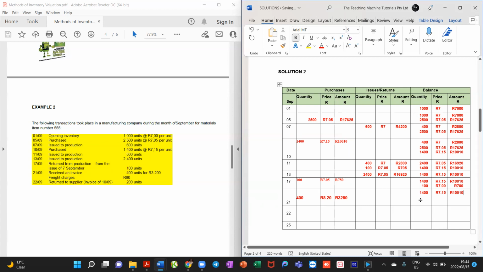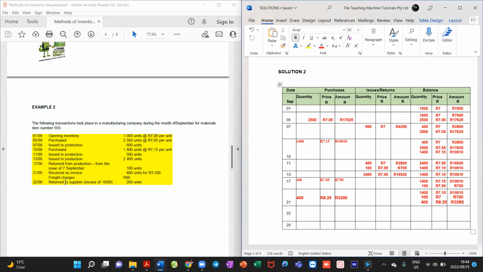And then you have 100 units that were returned by the factory. The price there was 7 rand. And then this is 700. You have a new batch that consists of 400 units. The price per unit is 8.20. And then the total amount we were given is 3,280 rands.